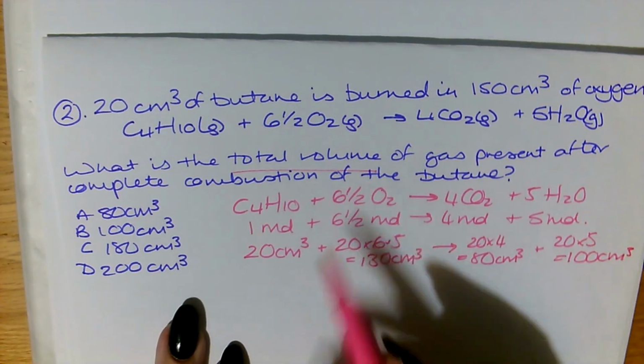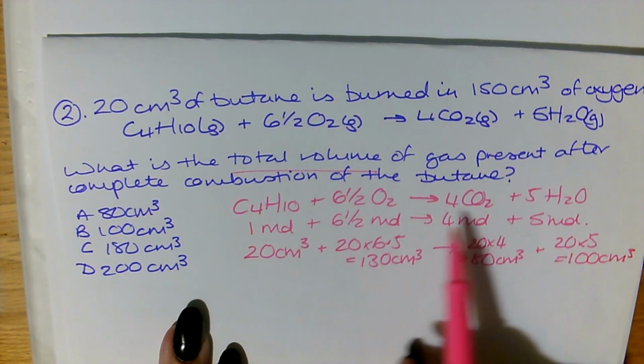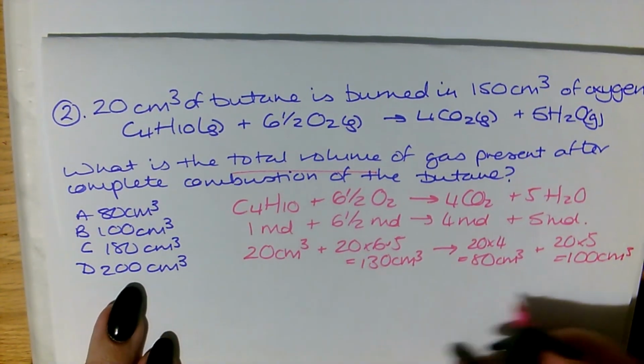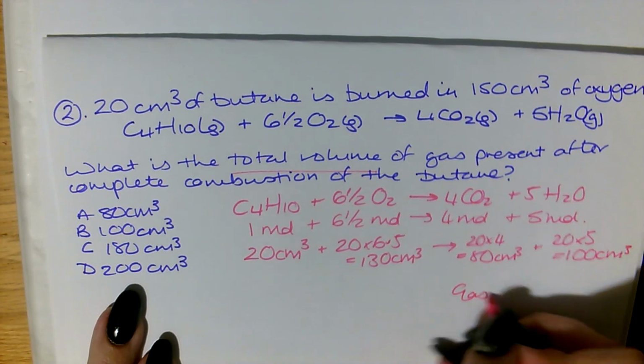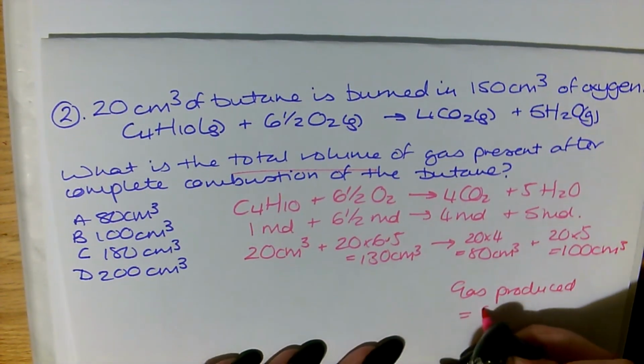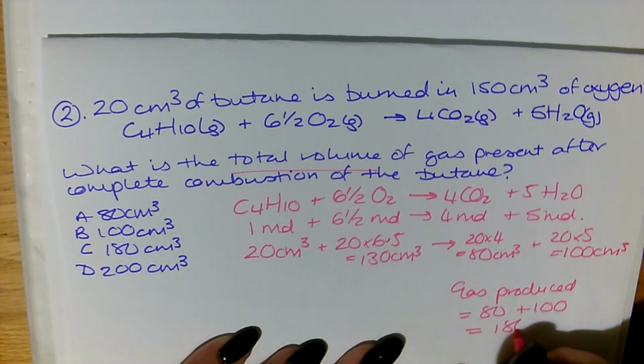Okay, so we're substituting this 20 in the place of 1 mole, so that's where those numbers come from. Now we can then see that our gas produced was 80 plus 100 centimetres cubed, which gave us 180.